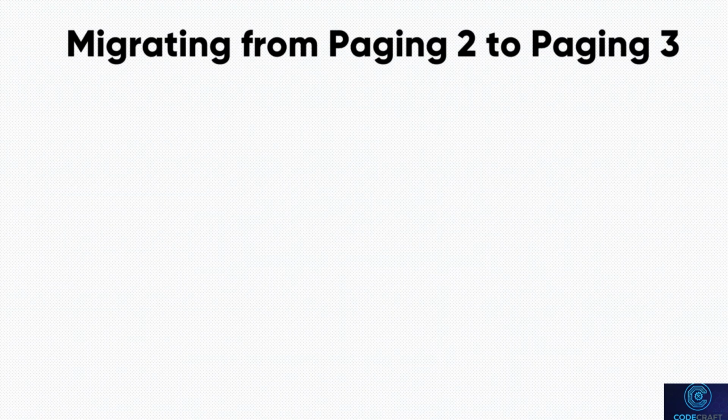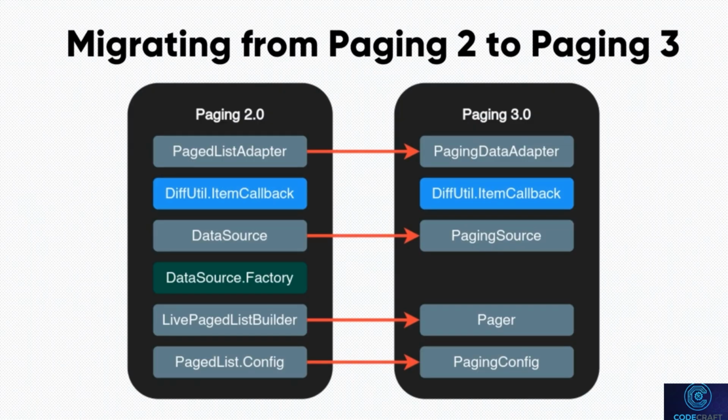Migrating from paging 2 to paging 3. There are a lot of outdated tutorials on the internet regarding the paging library. So we are like the first who are going to introduce paging 3, which is like migrating from paging 2 to paging 3.